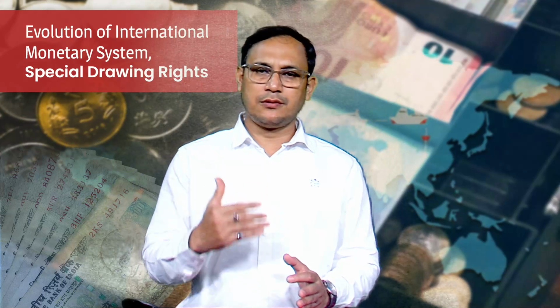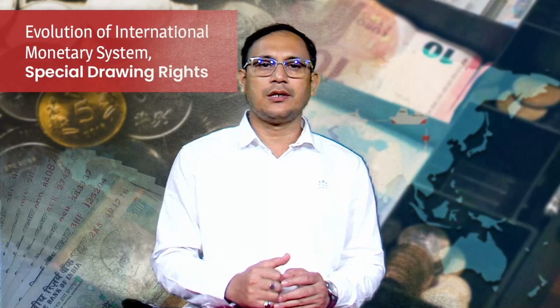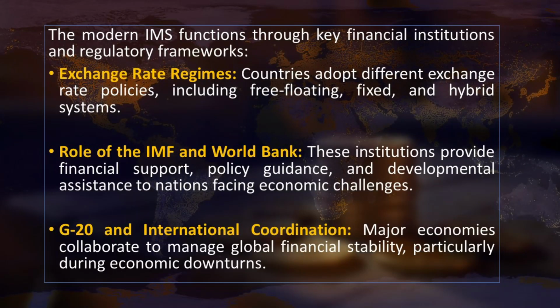Now, if you see the present international system, that is, after the breakdown of the Bretton Woods system, post 1976, there is no formal international monetary system. The present international monetary system operates under a managed float system introduced in the Jamaica Agreement in 1976.